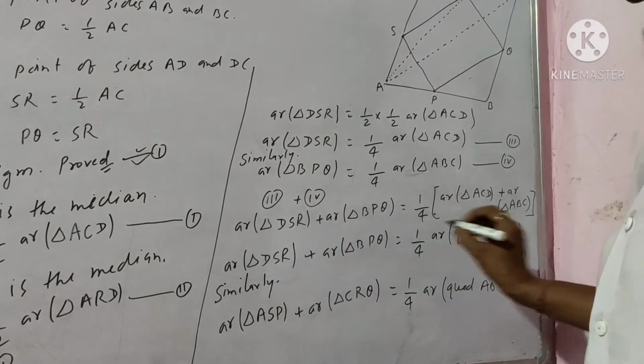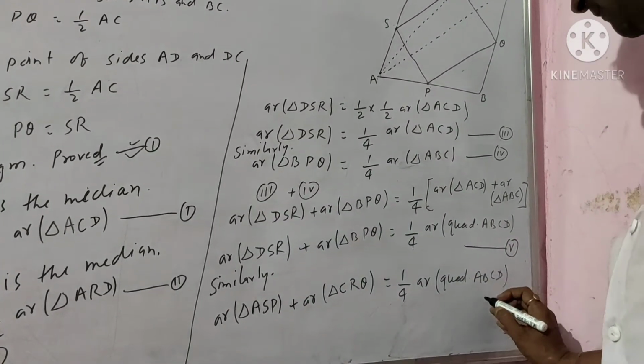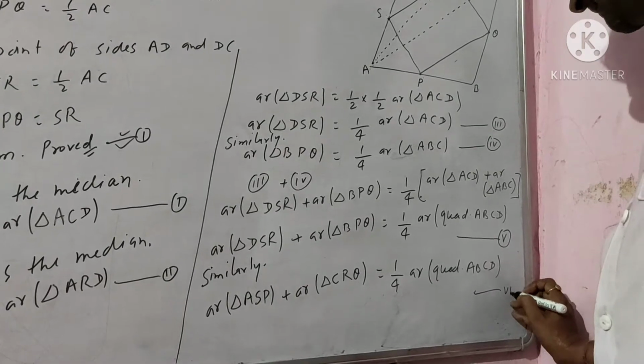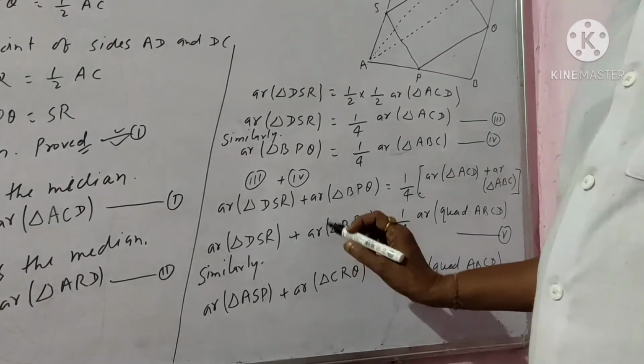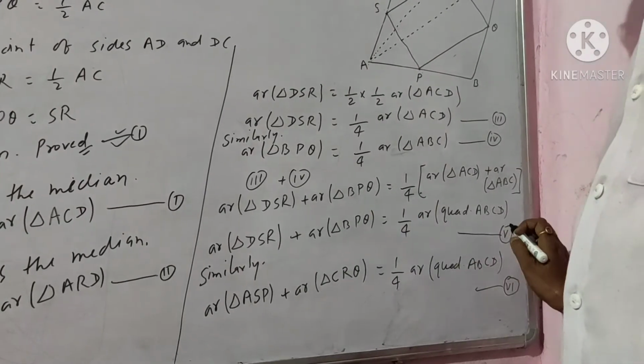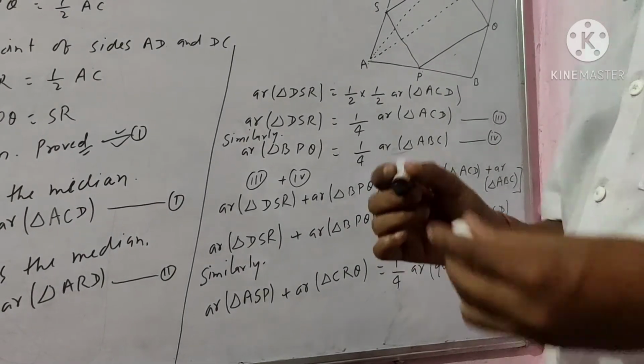By the same process, from equation 5, we can write here equation 6. Okay student, then after adding these two equations, means adding equation 5 and 6.